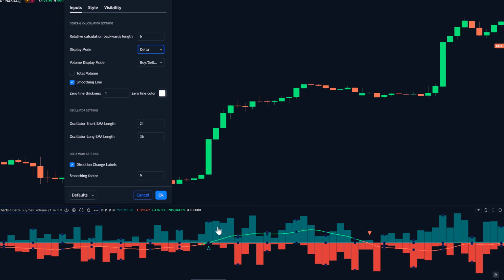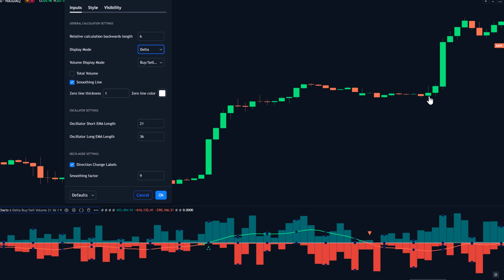This is similar to the buy-sell volume mode that we had before. So in this case, the green bars up at the top represent bullish volume, the red bars at the bottom represent bearish volume. So for a candle like this, you can see that it has a super huge bullish volume. And then for bearish volume, it's almost non-existent. So this basically tells you that this candle is super bullish in terms of volume.